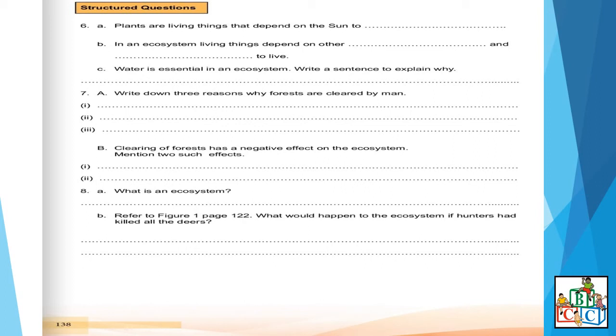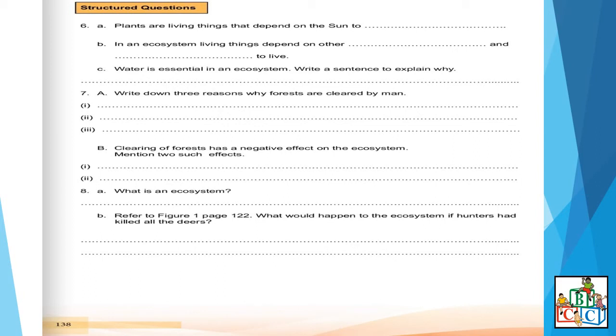Okay? Write down 3 reasons why forests are cleared by men. For what purposes? To build houses, roads, shopping malls, for agriculture. Okay? Clearing of forests has a negative effect on the ecosystem. Mention 2 such effects.